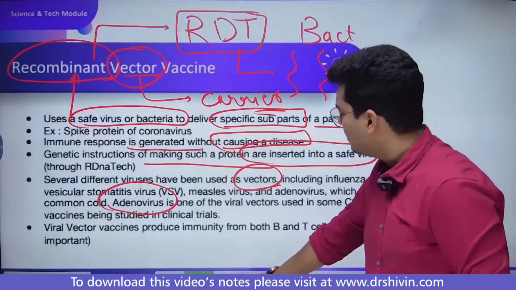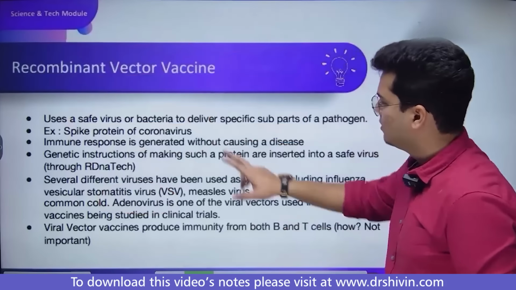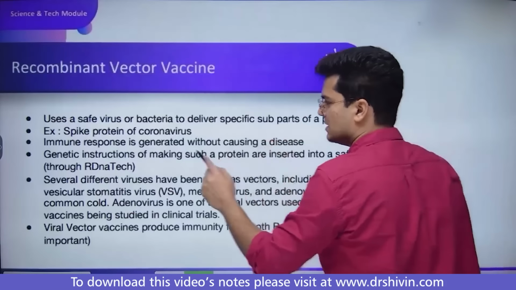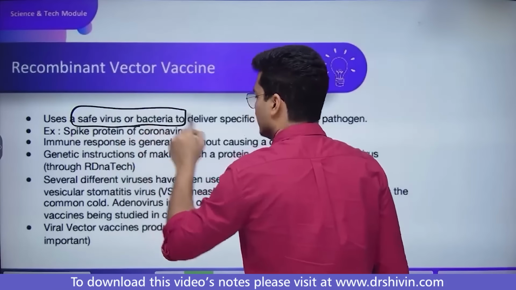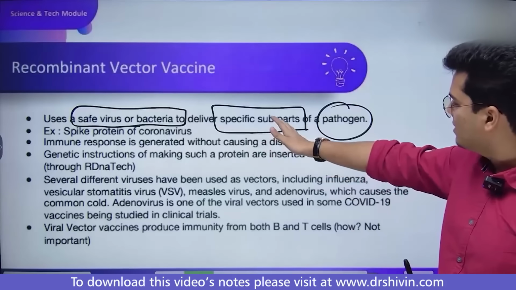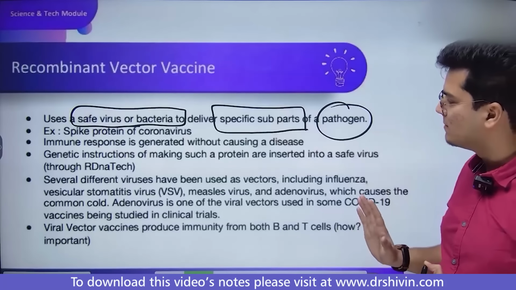So here we were seeing a recombinant vector vaccine. In this case, we are using a safe virus or bacteria to deliver specific subparts of a pathogen. Is that clear? How have I made the virus safe? Through removing the gene. Or with bacteria, I can use the bacterial plasmid also. Same thing. A safe virus or bacteria delivers a specific subpart of the pathogen.